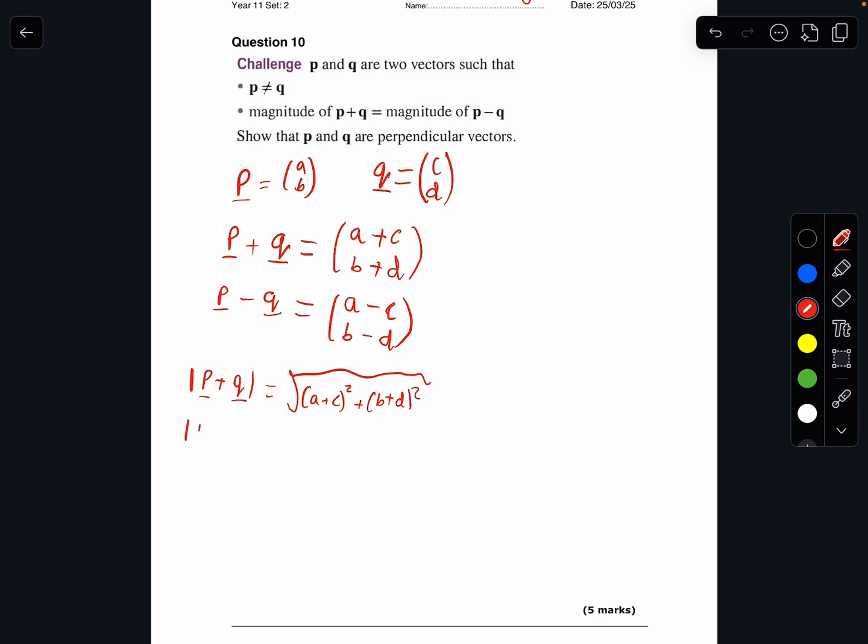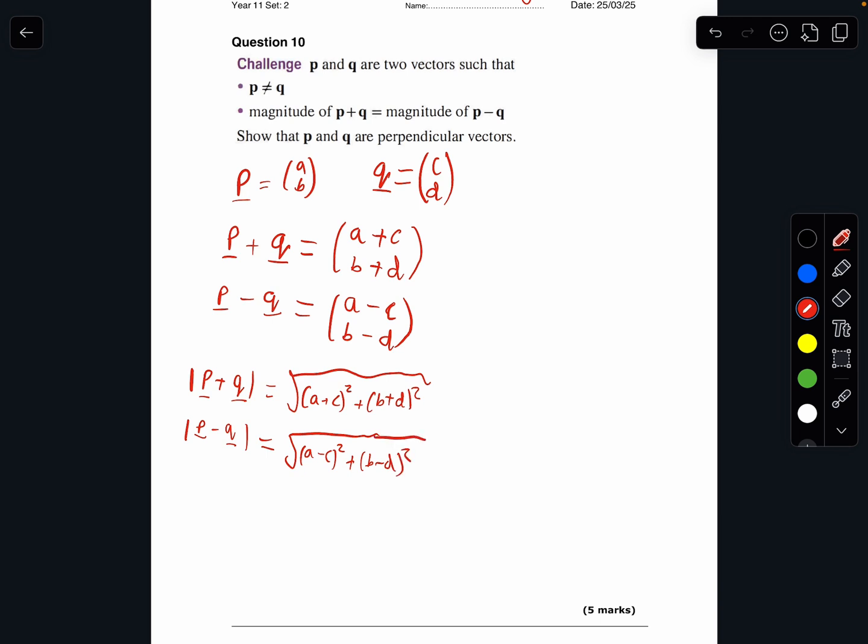Similarly, the magnitude of P minus Q is going to be equal to the square root of A minus C squared plus B minus D squared.